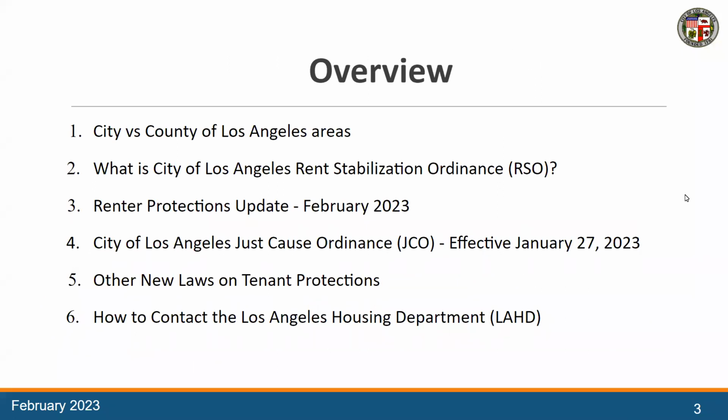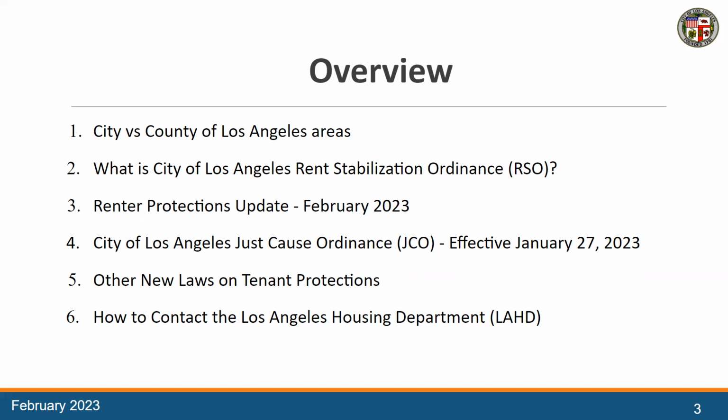This is a quick overview of what we will be covering. We will go over distinctions of city versus county of Los Angeles areas to determine jurisdiction. We'll cover residential units that are covered by the City of Los Angeles Rent Stabilization Ordinance, or RSO, and the renter protections update through February 2023.